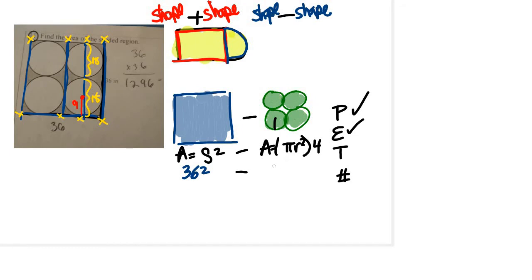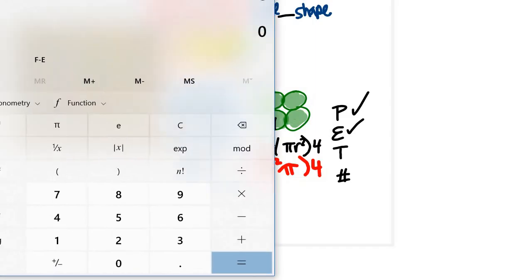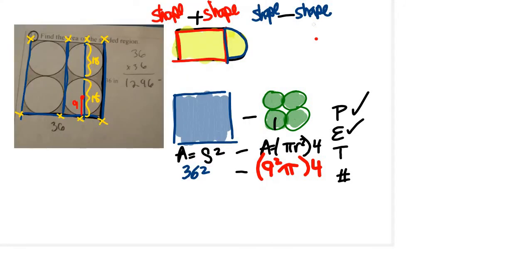So this is going to be 9 squared times pi, and then you have 4 of them. So 36 squared, and that's as far as you got, 1296.